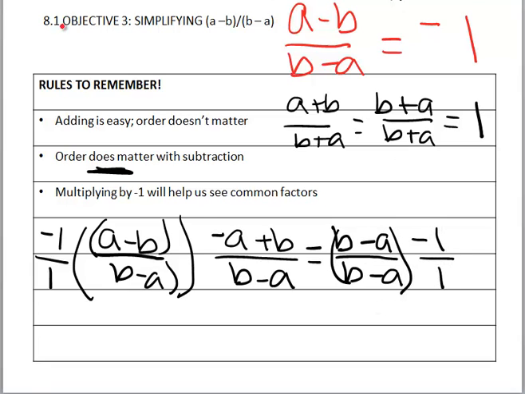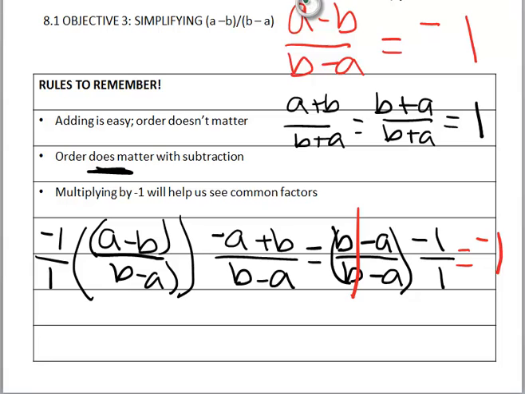And what's cool here is I just set it up so that b minus a over b minus a is 1. And 1 times -1 is -1. And that, my friends, is why that works. So again, you're looking for a very, very particular pattern.